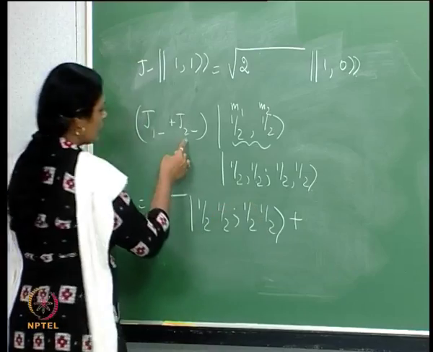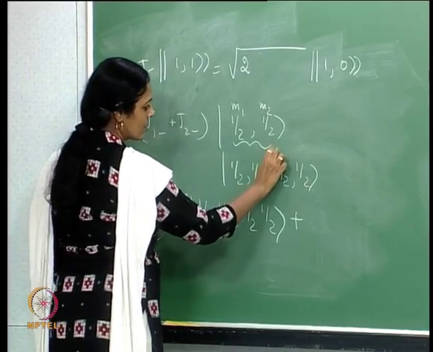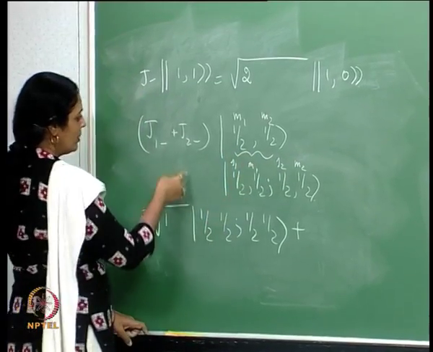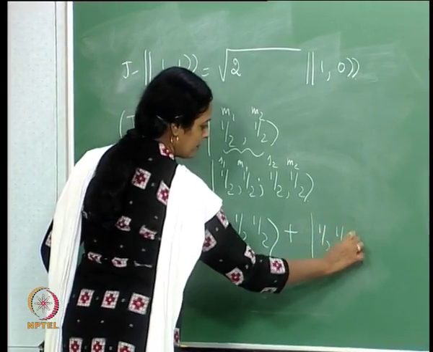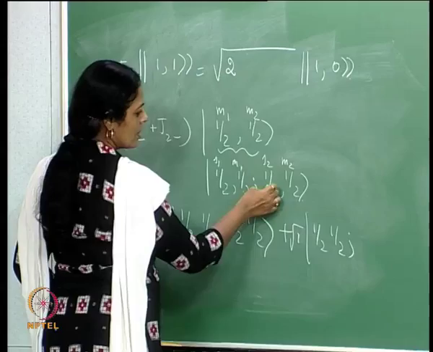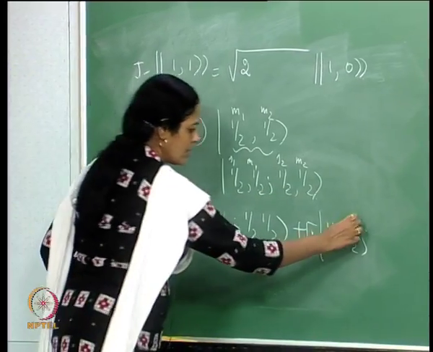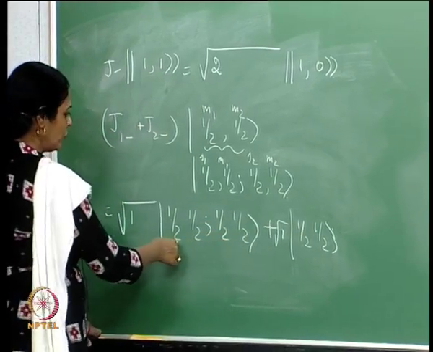plus j2 minus acts on j2 m2, this is j2, that is m2, this is j1, that is m1, leaving this state alone, untouched, and pulls out a root of j2 plus m2 times j2 minus m2 plus 1, except that it lowers the m2 value.